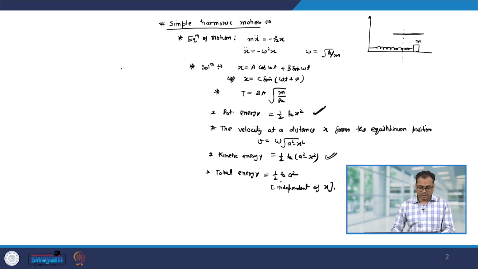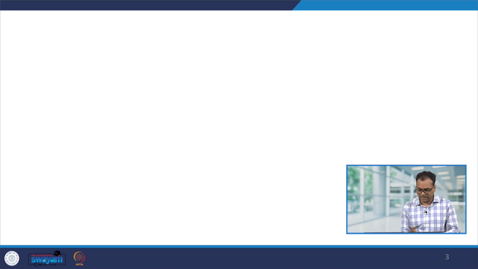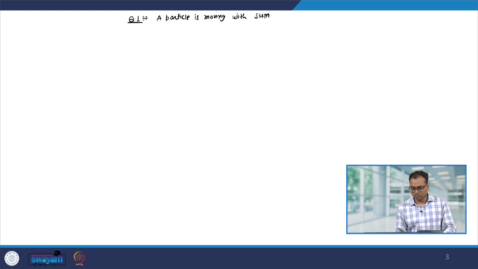Okay. Now, let us look at one example. A particle is moving with simple harmonic motion in a straight line.